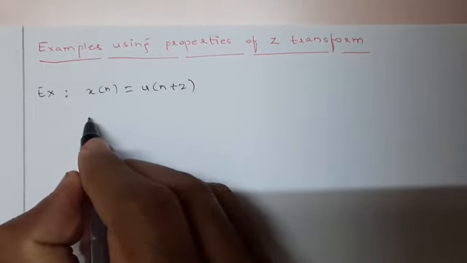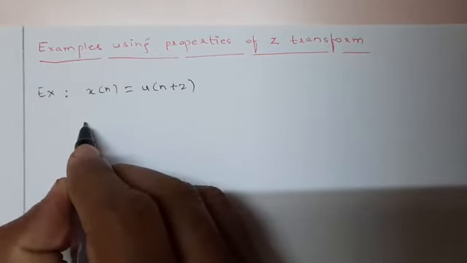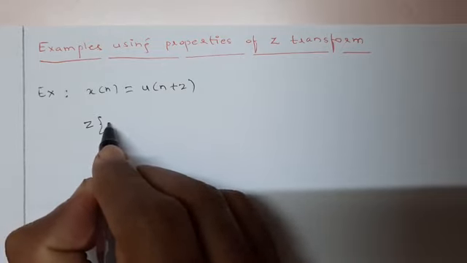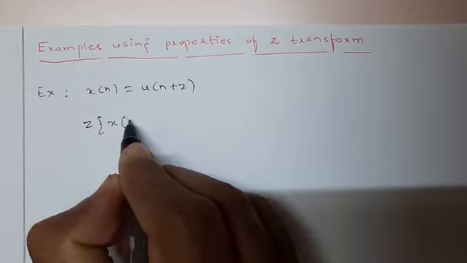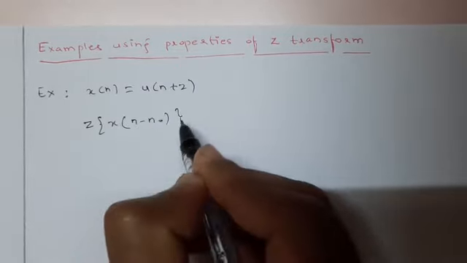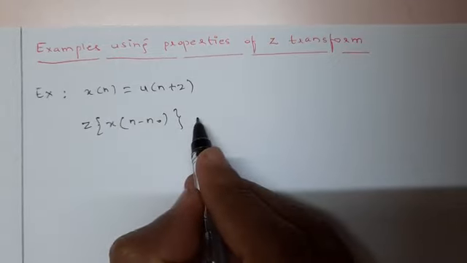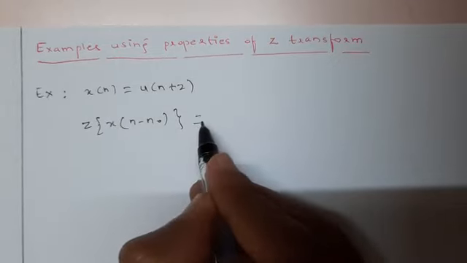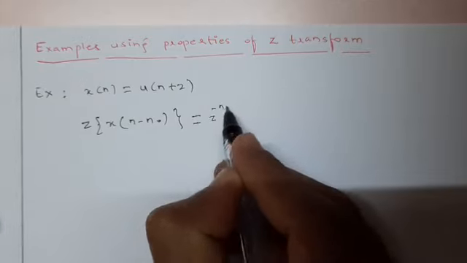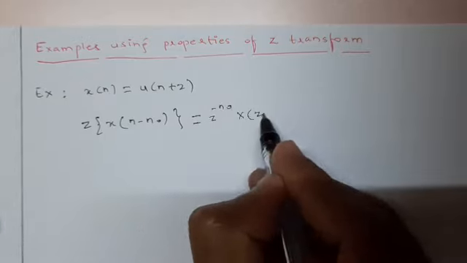Okay, so you know that one of the properties states that Z transform of x of n minus n naught is equal to z to the power minus n naught X of z.